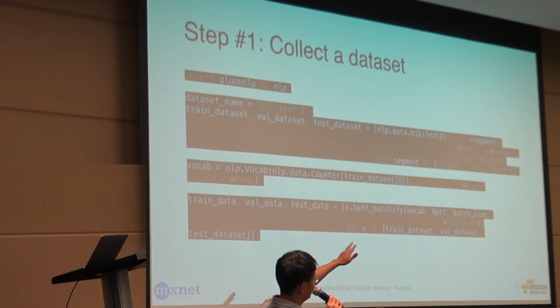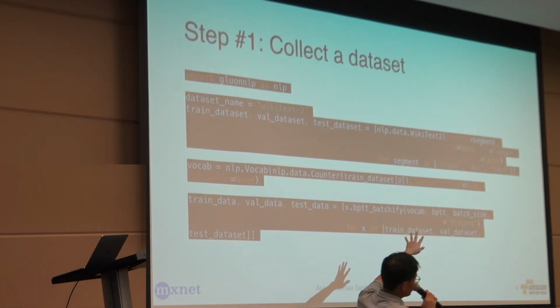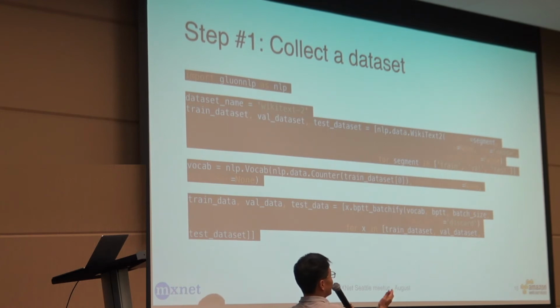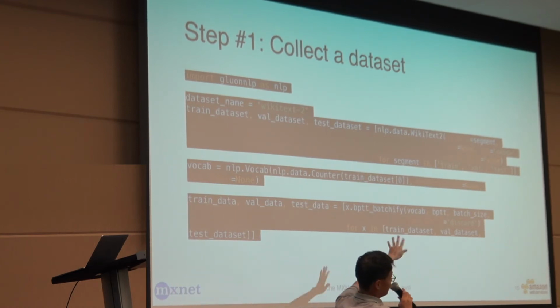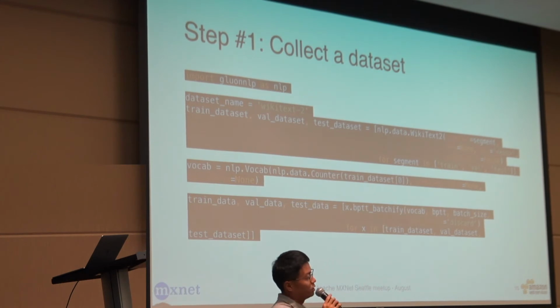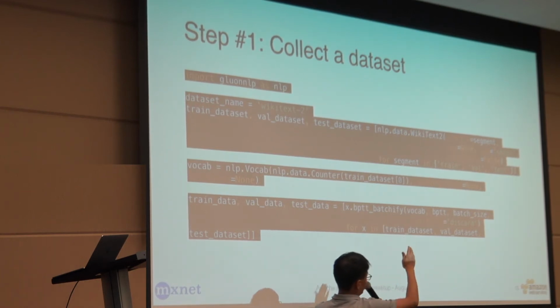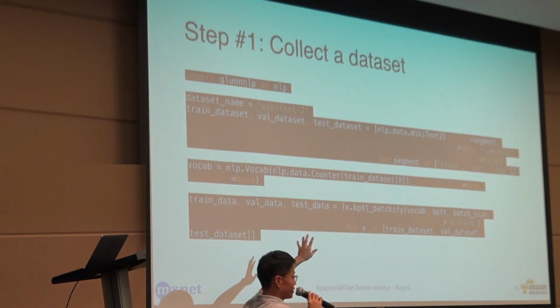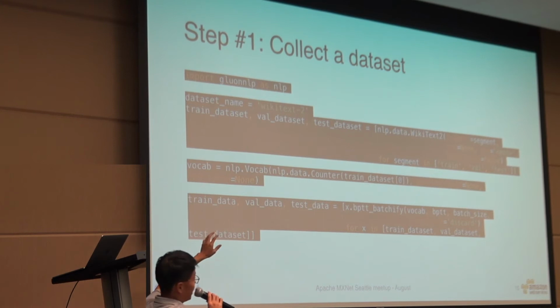For example, WikiText-2. WikiText-2 is a pre-processed dataset from Wikipedia. Some people already handled the pre-processing for us, and the format is clean rather than a raw Wikipedia text dataset. GluonNLP just loads it; we actually store it on S3. And we have the dataset.